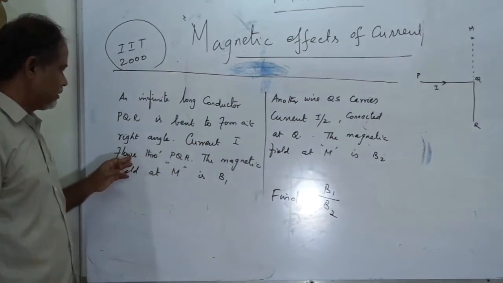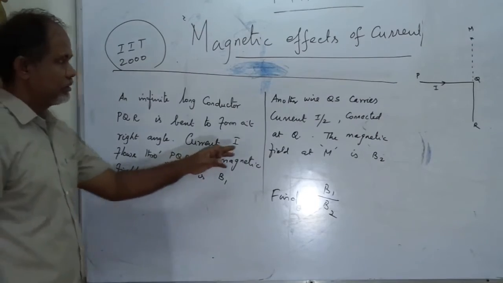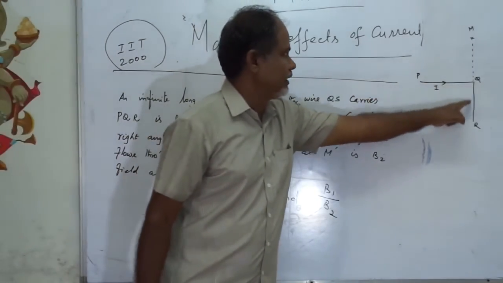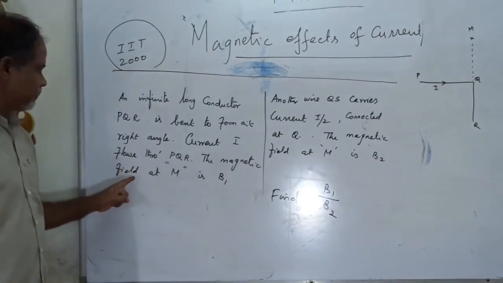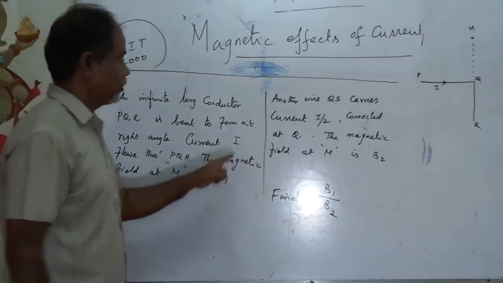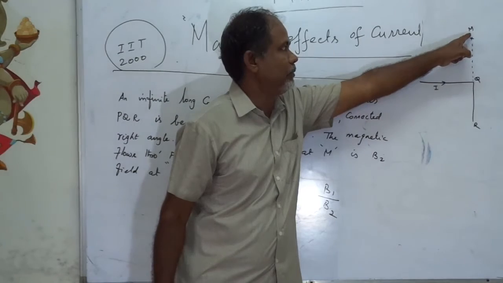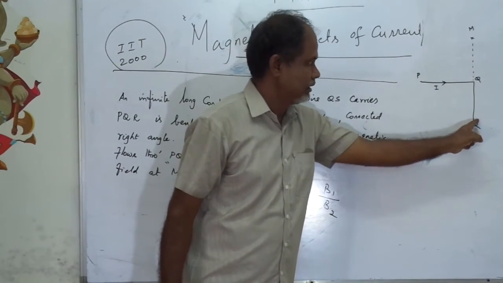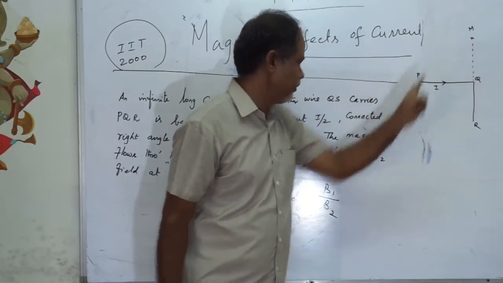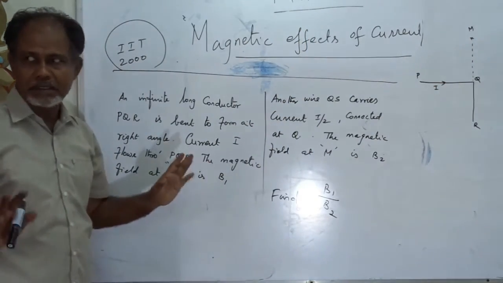Current I flows through PQR. The current flowing through the wire is I. The magnetic field at M due to the passage of current in the wire is V1. Everybody understand?